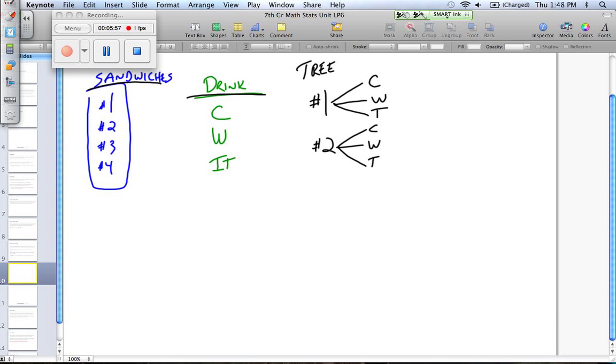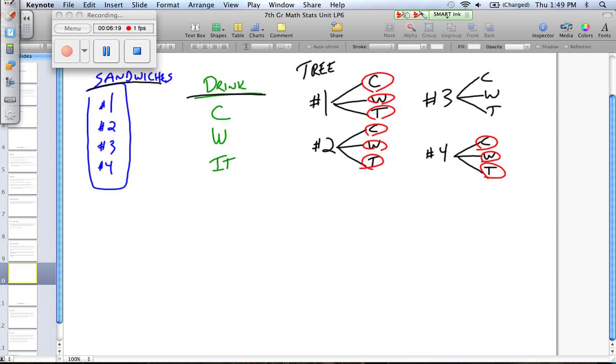If I chose sandwich number 3, Coke, water, tea. Hopefully you're seeing the pattern. 4, Coke, water, tea. So how many different choices do you actually have? There's 1, 2, 3, 4, 5, 6, 7, 8, 9, 10, 11, 12. You do not have 7 choices.